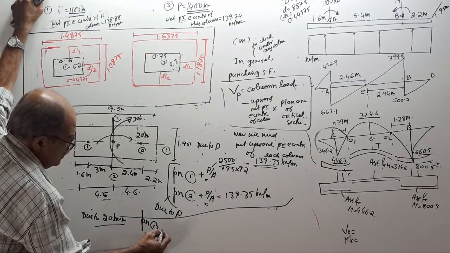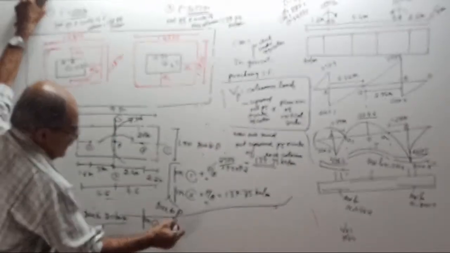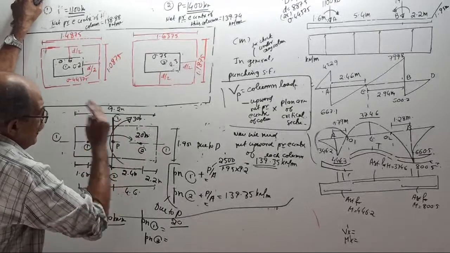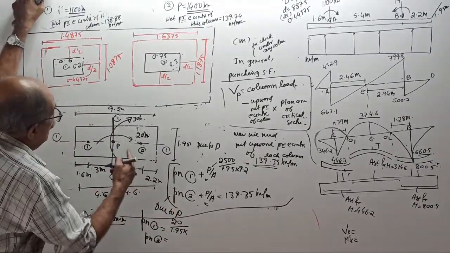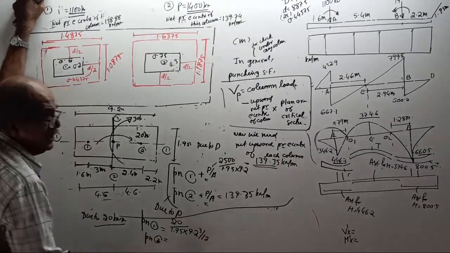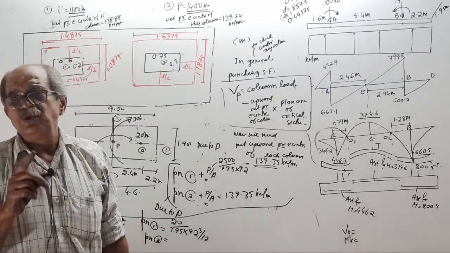Pressure at 1 equal to bending one is 20 divided by 1.95 into 9.2 cube divided by 12. Why? You cannot use the Z concept. Tell why you cannot use the Z concept.